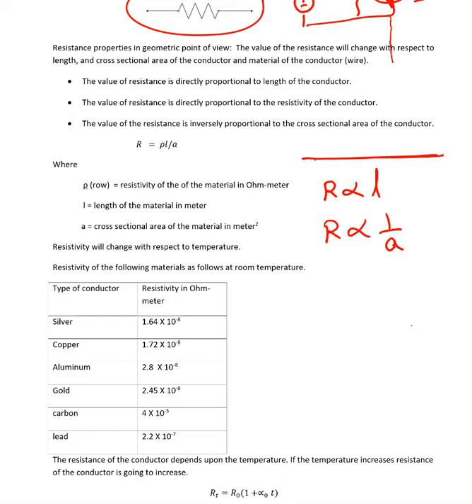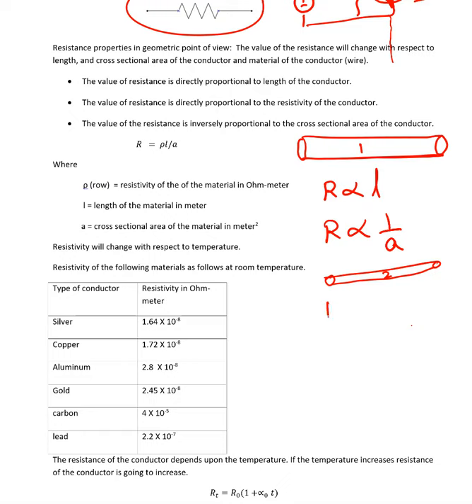So if it is more thick, here is conductor A and conductor B. If conductor 1 has more thickness compared to 2, then conductor 1 has less resistance compared to conductor 2.